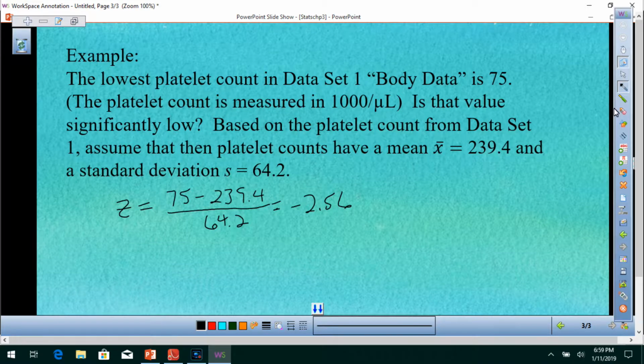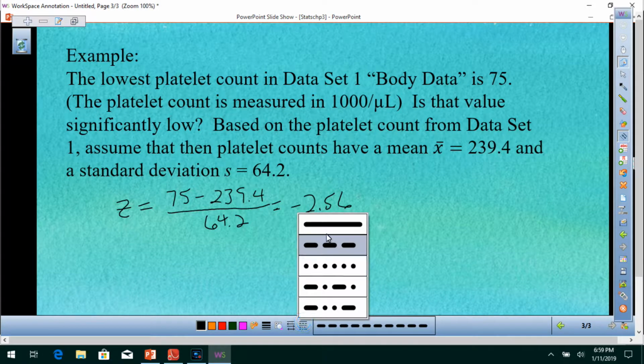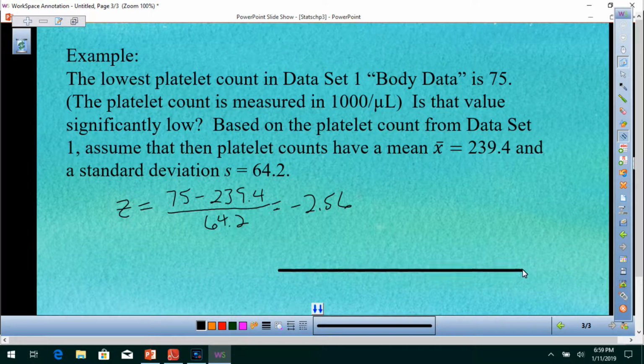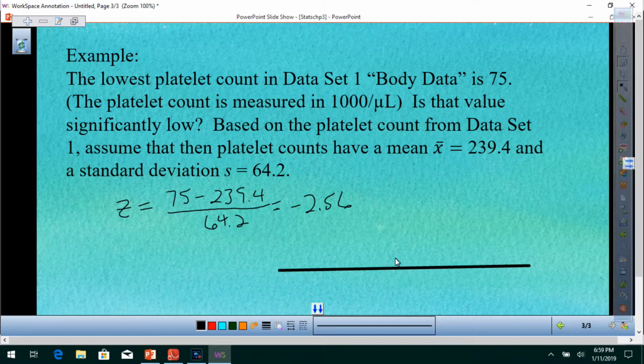When you're first starting to do this, maybe what you need to do is draw a line. You have the mean here, and we're working with x bar. You have one standard deviation, two standard deviations, and then negative 1, negative 2. Then let's see where this negative 2.56 is.